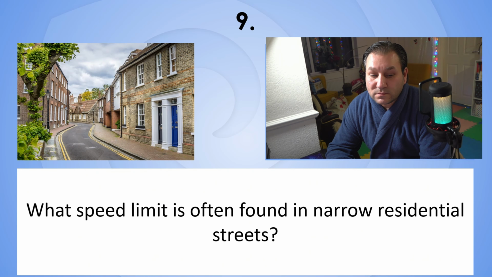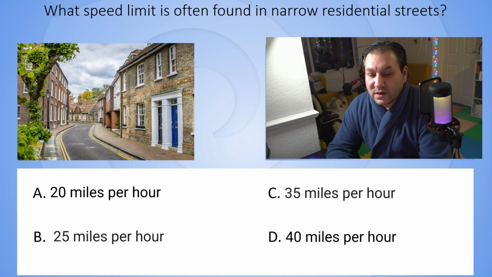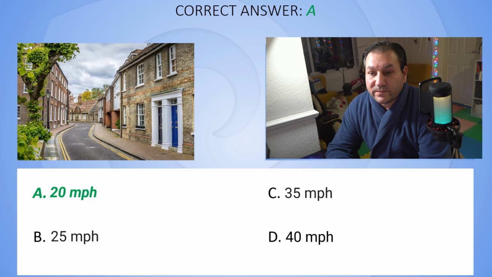9. What speed limit is often found in narrow residential streets? A. 20 miles per hour. B. 25 miles per hour. C. 35 miles per hour. Or D. 40 miles per hour. The correct answer is A. 20 miles per hour.